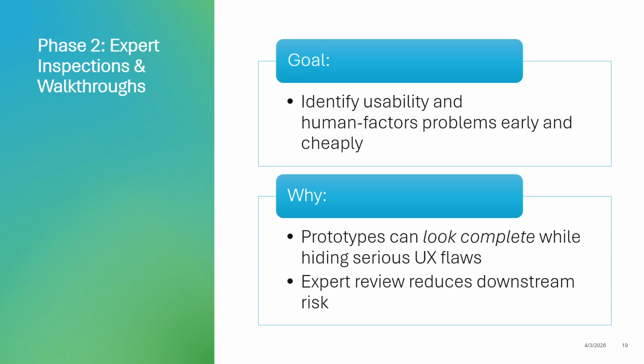Usually we want to do that early and cheaply, because changing things when you already have written code is really expensive. Prototypes can look complete while hiding serious user experience flaws. If you bring in those experts, the literature has demonstrated that you reduce downstream risk, and you get a lot of return on investment from evaluations in early stages, even before writing that first line of code.